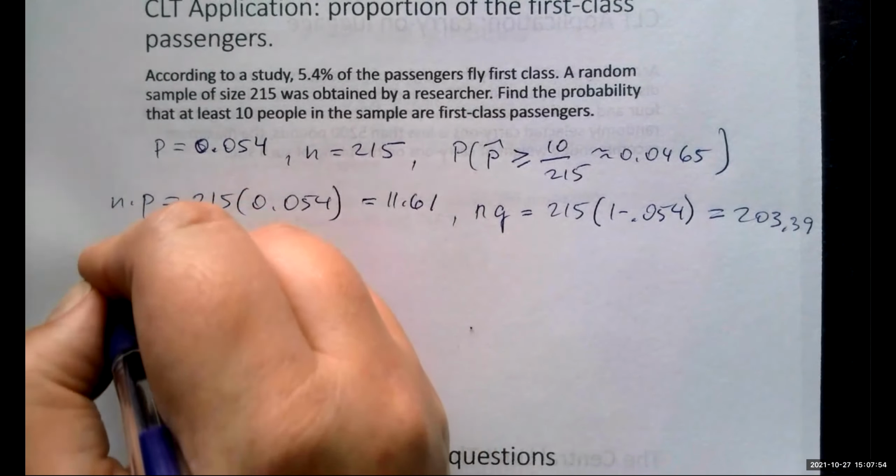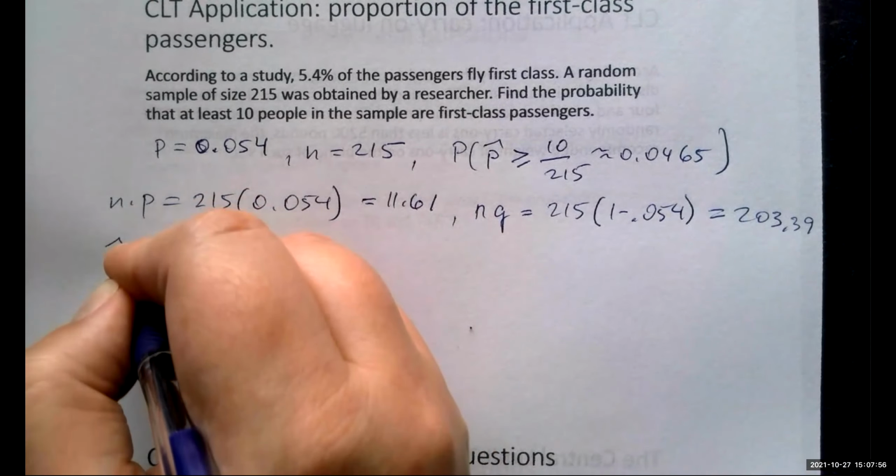Now, our distribution of sample proportions follows a normal distribution with a mean that equals the proportion of the population. This is the mean of proportions, and the standard deviation of proportions is the square root of p, 0.054, times q, 1 minus 0.054, divided by n, 215.